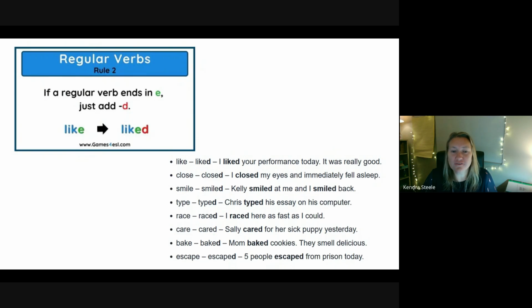Sally cared for her sick puppy yesterday. Bake becomes baked. Mom baked cookies. They smell delicious. And escape becomes escaped. 5 people escaped from prison today. Okay, so if the verb ends in e already, you just add d.